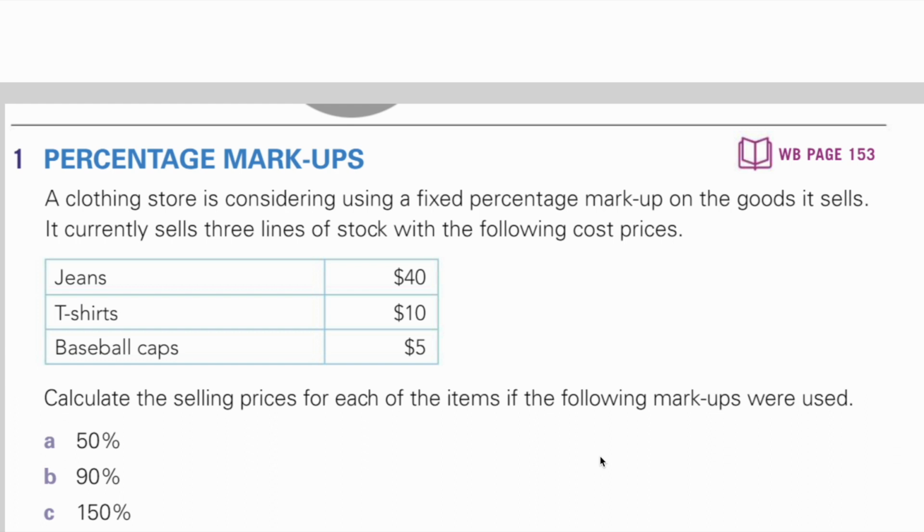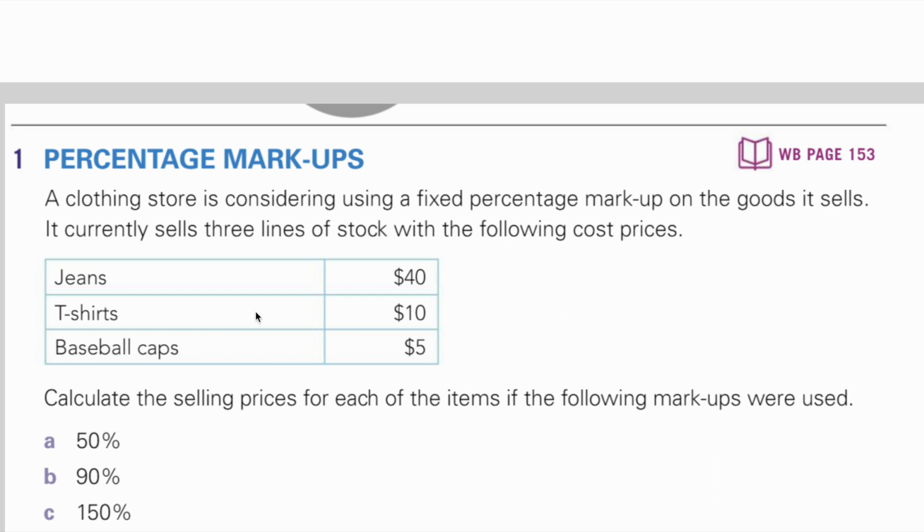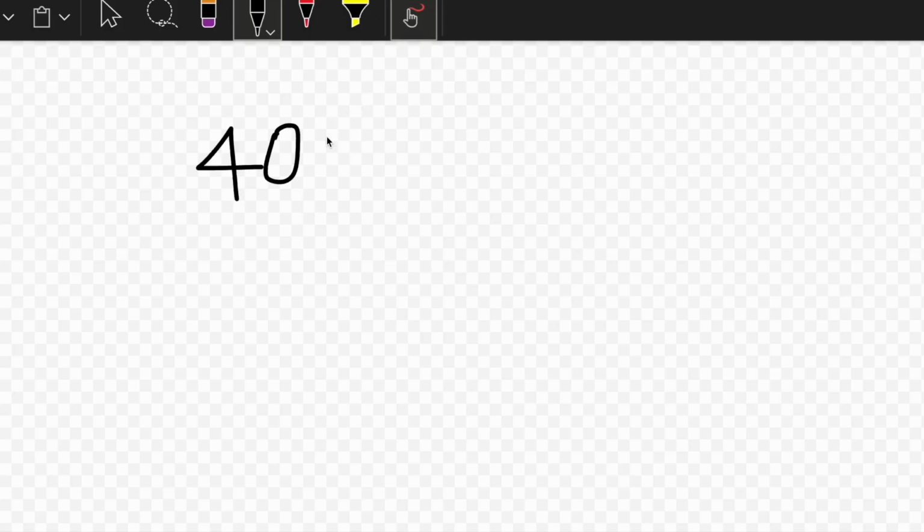So for the first one, I'll do the first one for jeans, and let you guys do the rest by yourself. So we have jeans being $40. Now that's the original price, or the cost price, but we want to find the selling price after the 50% markup.